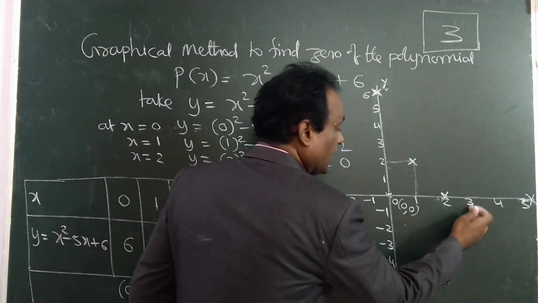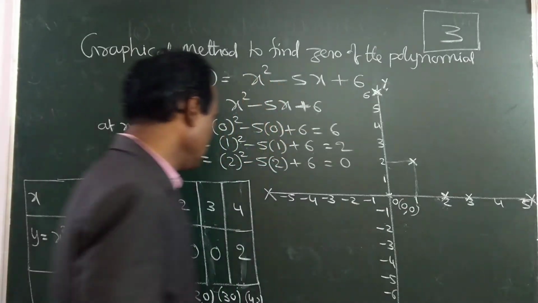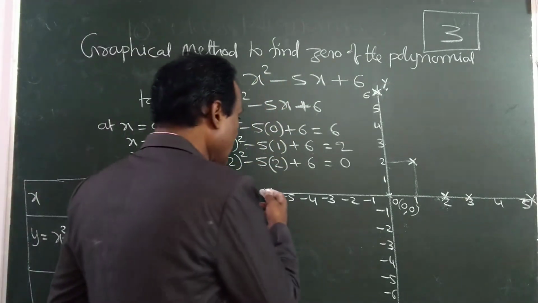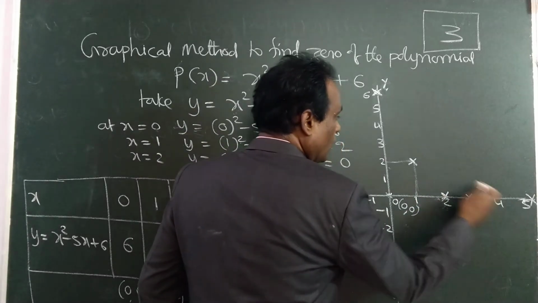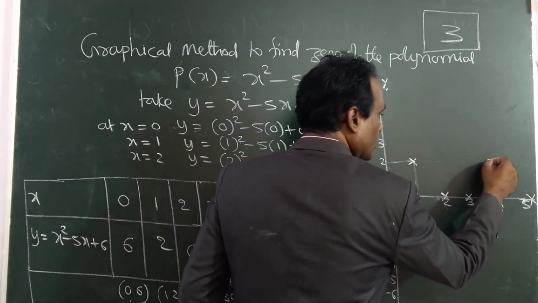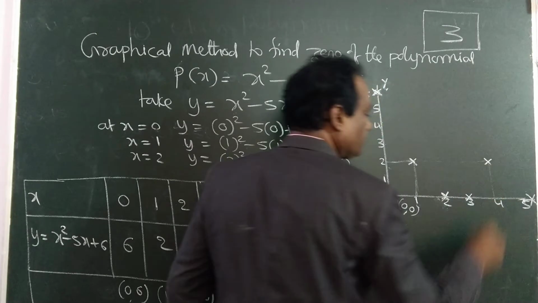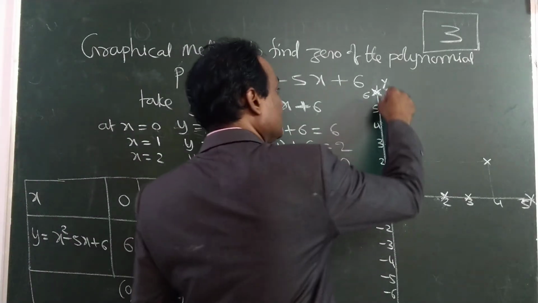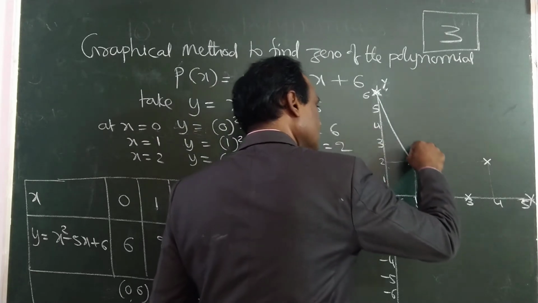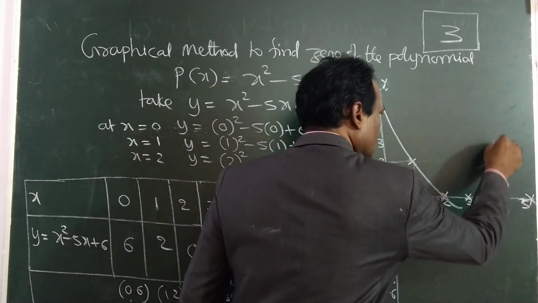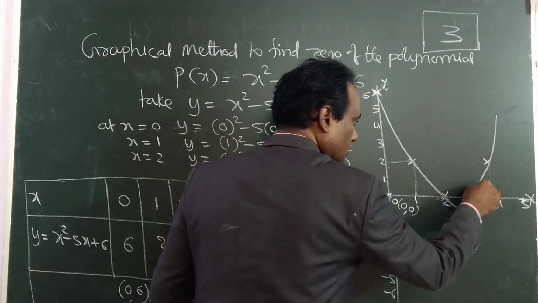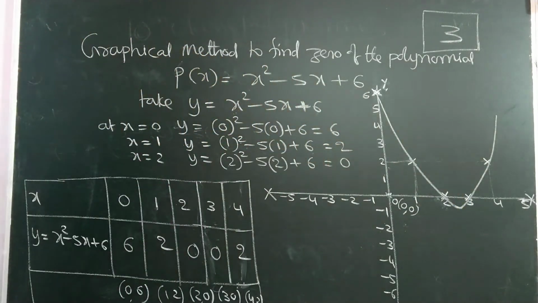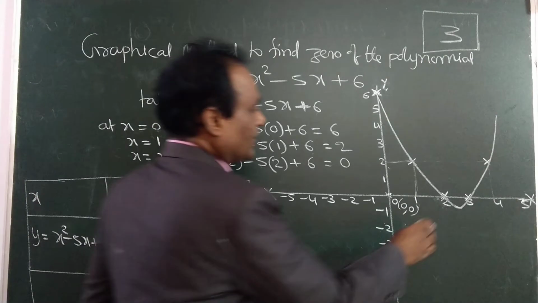X value 4, y value 2. If we join, this is the graph.